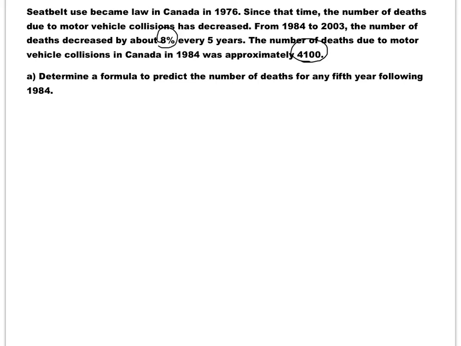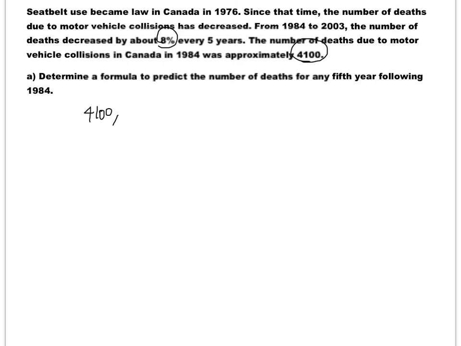So this means if the first one at 1984 is 4,100, 5 years later, which is going to be 1984 plus 5, 1989, the number of deaths is going to be 4,100 times 0.92. Remember that it decreases by 8%, 0.08.